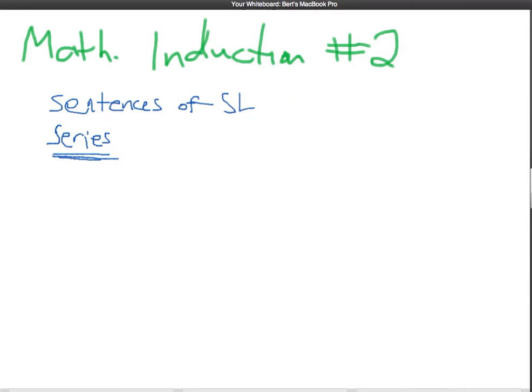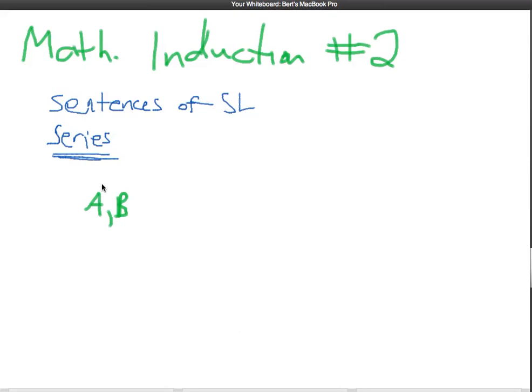So imagine that our language was really, really simple. Imagine that the only sentences we had were A and B. These are the only kinds of sentences in our language. Strictly speaking, we have an infinite number of these, but just for demonstration, I'm going to assume that we only have two sentences.